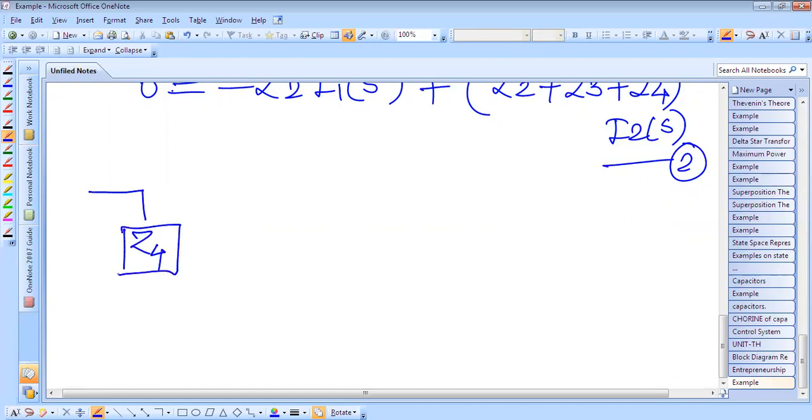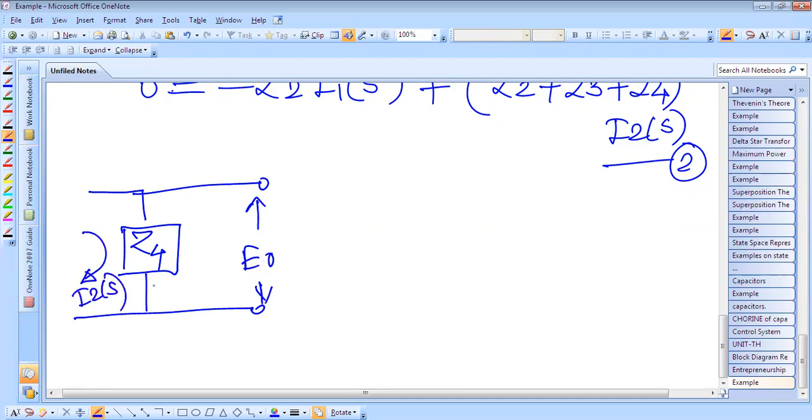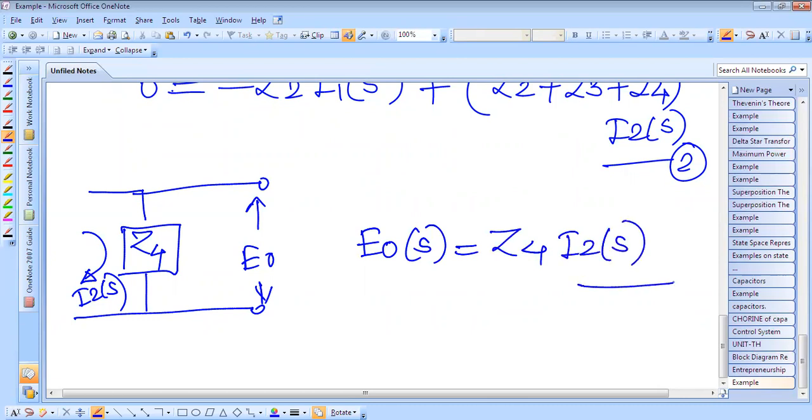Z4, and this is output voltage in the above diagram, and this current is flowing here, I2 of S. So here we can write E naught of S is equal to Z4 into I2 of S. This is your equation number 3.